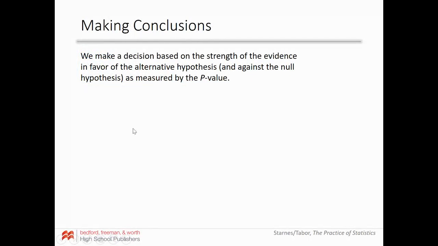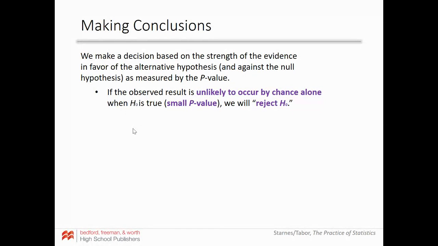So we make a decision based on the strength of the evidence in favor of the alternate hypothesis and against the null hypothesis, as measured by the p-value. That p-value is going to determine whether it is significant or not.